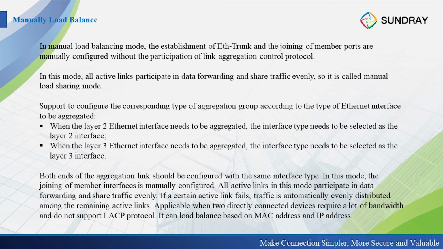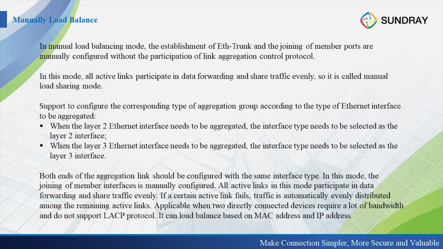And for this mode, when a layer 2 Ethernet interface needs to be aggregated, the interface type needs to be selected as layer 2 interface. And if you want to aggregate layer 3 Ethernet interfaces, you need to select layer 3 interface.